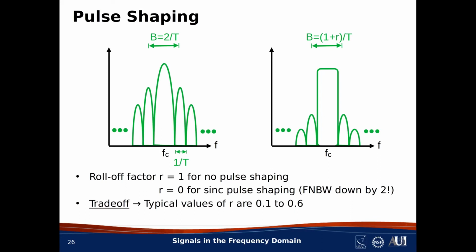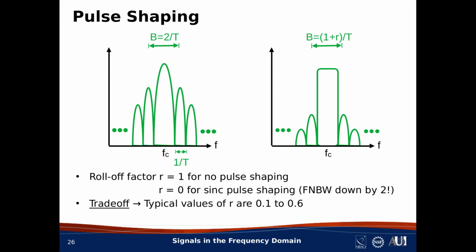Since r is between 0 and 1, we can see that the bandwidth can be as little as 1/T using pulse shaping. So we found a way to reduce the bandwidth by as much as a factor of 2 using this technique. Now, you might ask, why not always use r equals 0, since that would always give the minimum bandwidth?